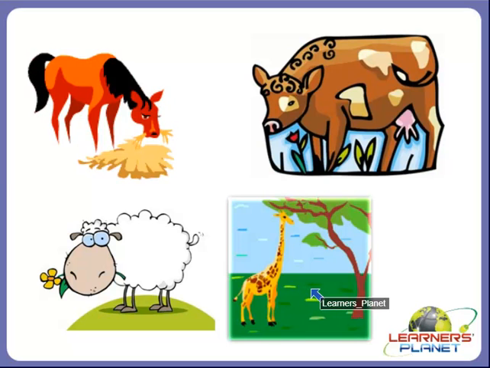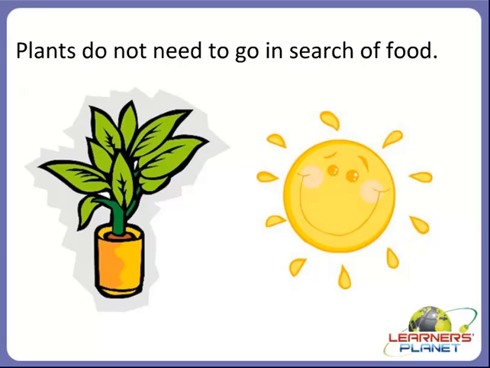We can see that a cow eats grass. In the same way, a dog eats a bone and we eat different kinds of food, but plants do not need to go in search of food.